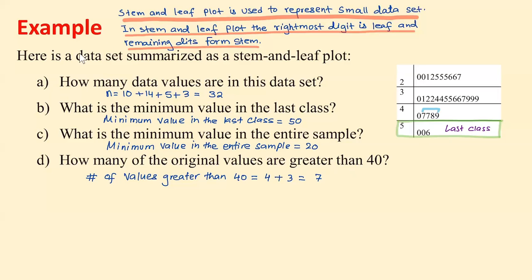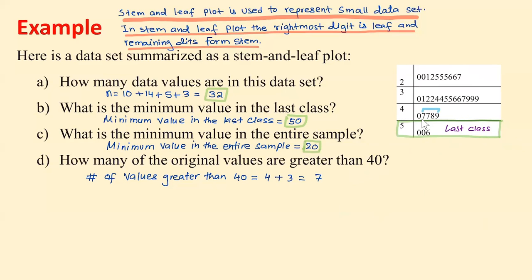What we got here is, in the first one, we looked for the total number of values, 32. We counted all of them and got that result. For the minimum value in the last class, we just looked at the last class and looked for the minimum value, that was 50. For the minimum value in the entire sample, which is up here, that is 20. And in the fourth part, we looked for the number of values greater than 40.